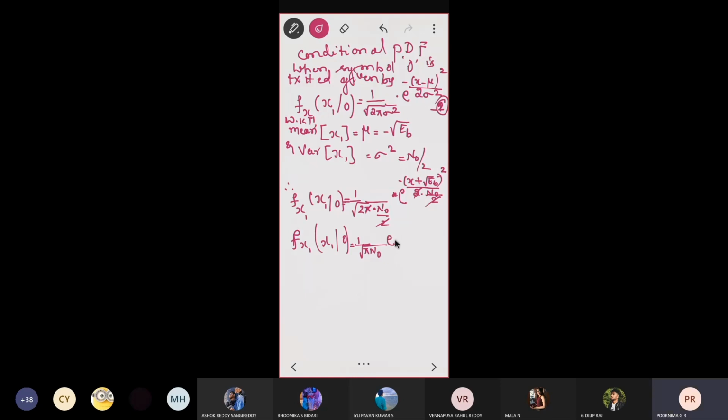Multiply this with e to the power of minus (x plus root Eb) whole square divided by N0.